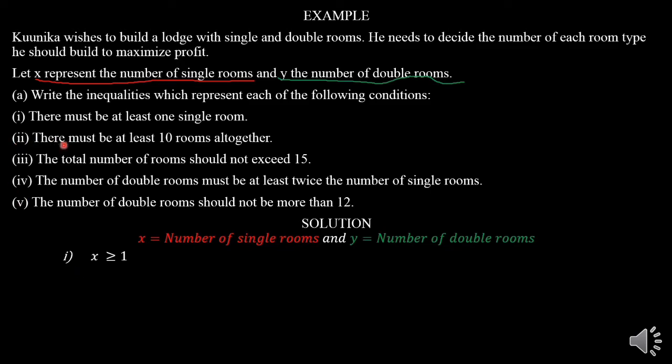Let us go to number 2. There must be at least 10 rooms altogether. Now this word, altogether, means the sum of the number of single rooms plus the number of double rooms should be at least 10. So for X, the number of single rooms, plus Y, the number of double rooms, should be at least 10.